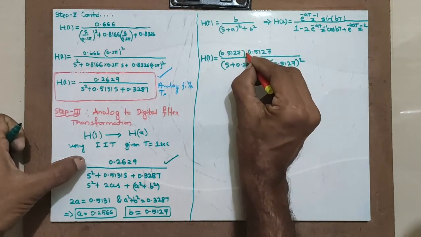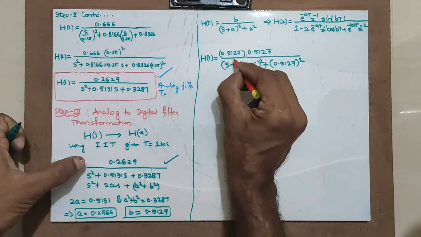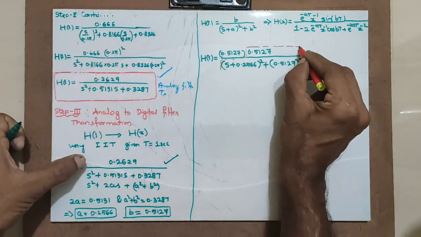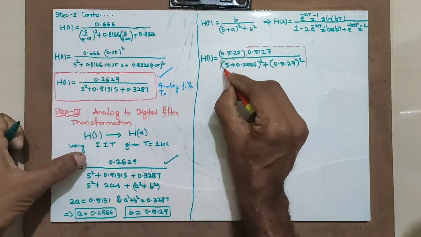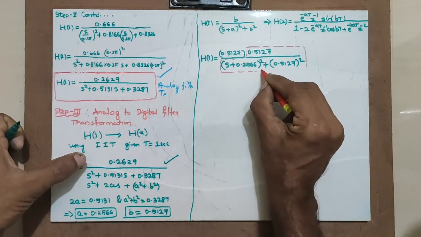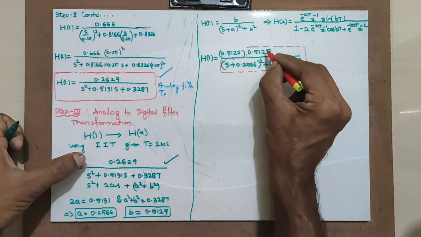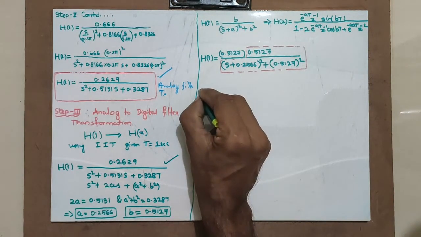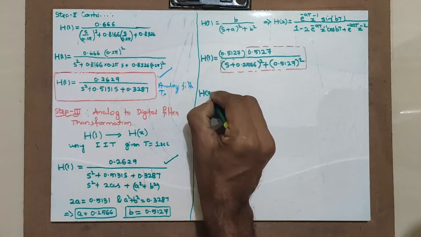Now you can see that there is a standard formula hidden here, correct? What is that standard formula? Again, b divided by this. Now I will convert the above H of s into H of z.